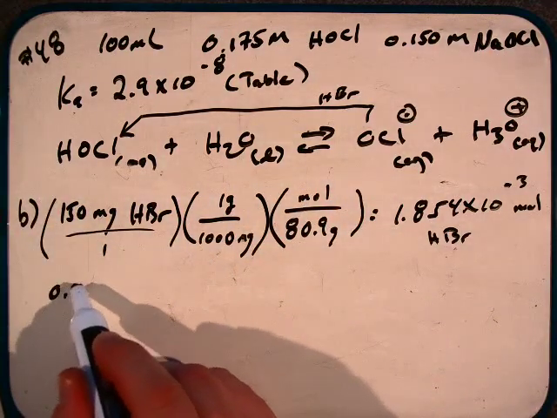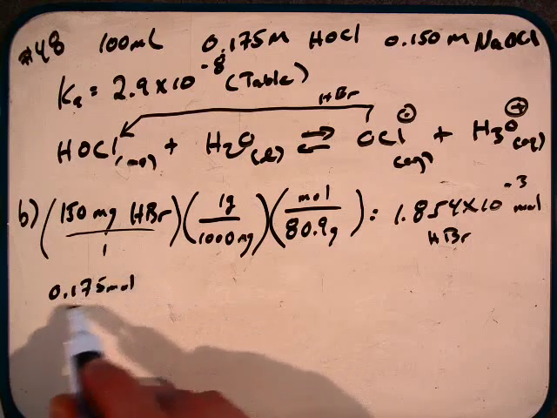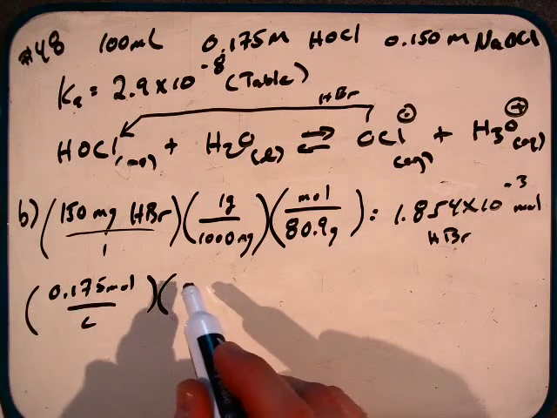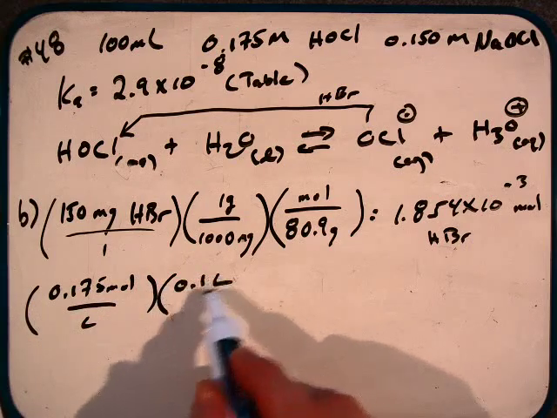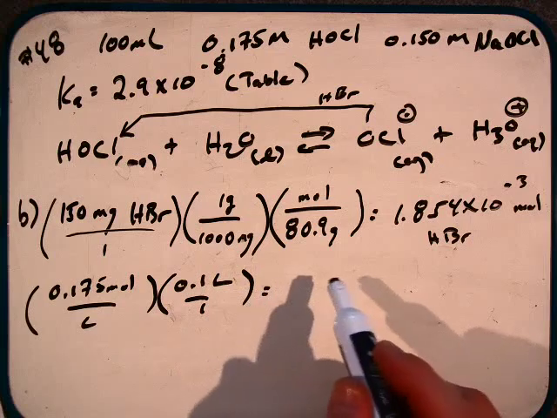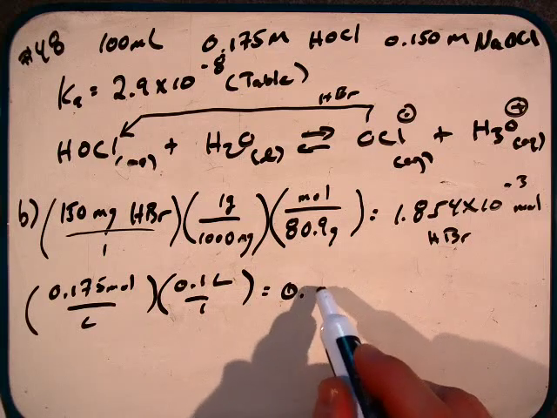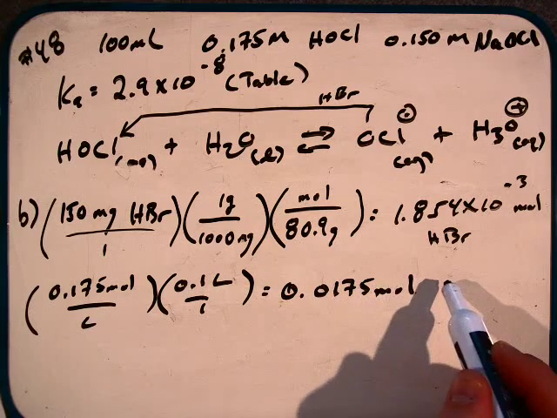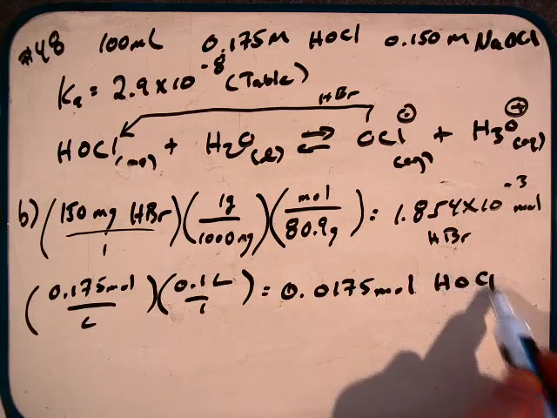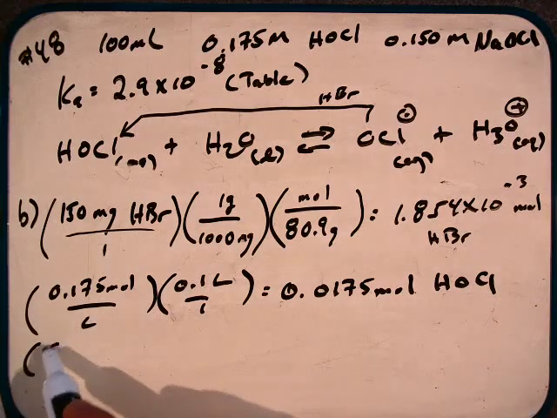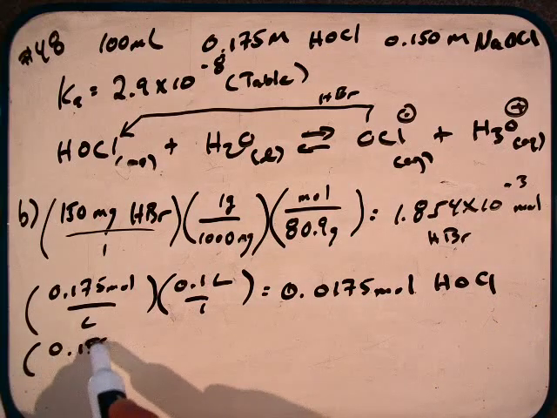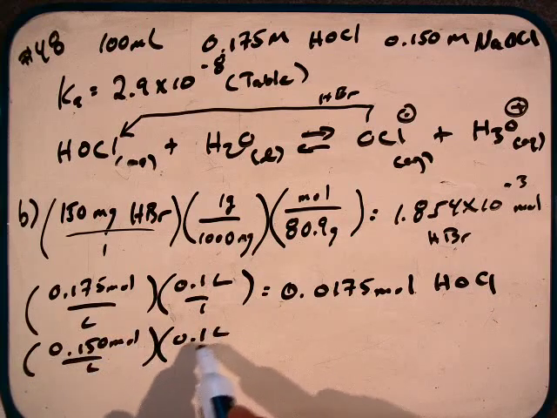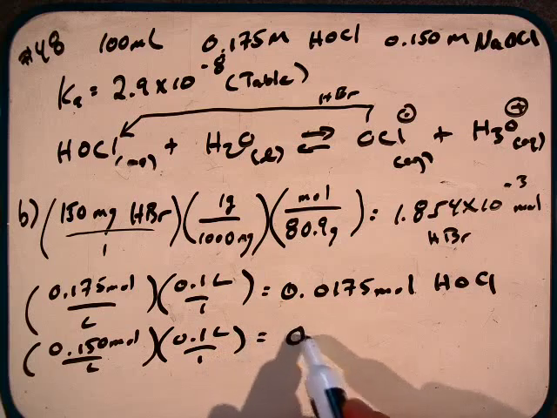So we need to figure out how many moles of each one of these constituents we have. So if we take our concentration of our HOCl, use our volume, we can get our mole value of our acid. And if we do the same thing for our conjugate base, we can get its mole value as well.